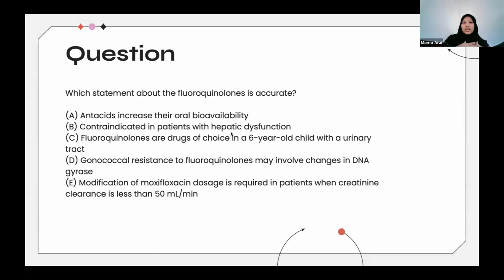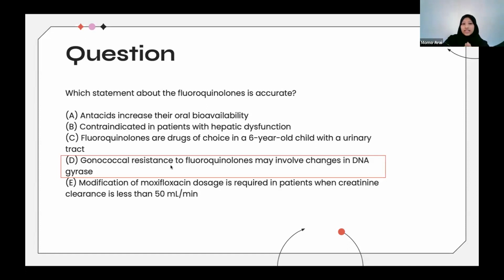And B is also wrong because it's fine to give, it's not hepatically excreted. So D, like you said, is correct. You can show the answer, but basically the mechanism of action of fluoroquinolones is on DNA gyrase, right? So one of the resistance methods from the bacteria is changes in the enzyme or the site of action. DNA gyrase, also called topoisomerase, if you remember.